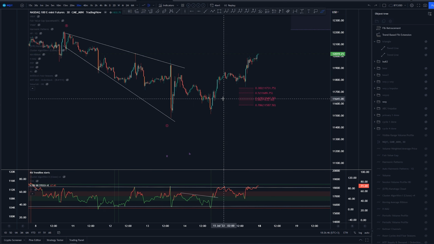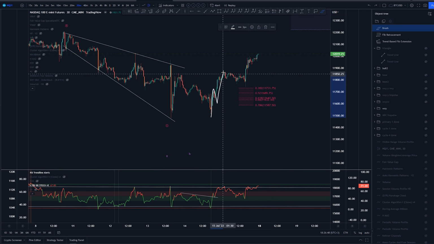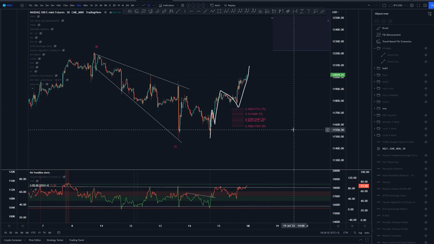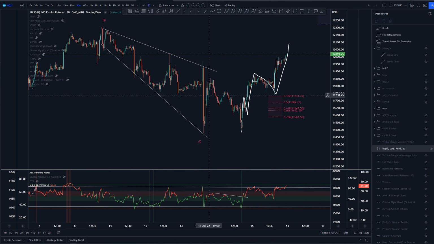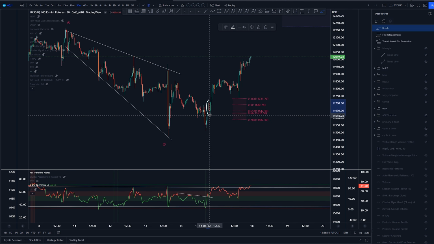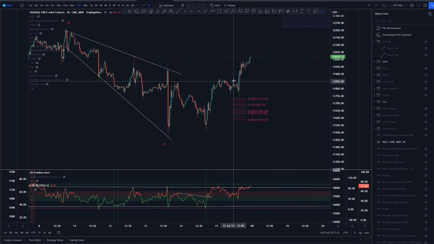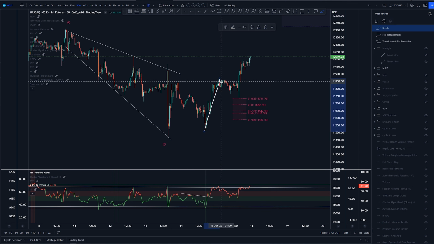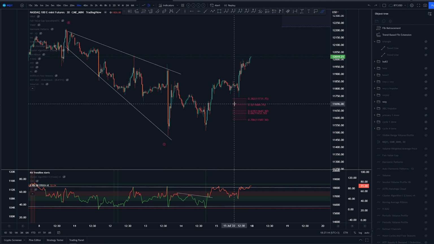So overall we would have to be saying that this is a 1, 2, 3, 4, and this would be a 5. Again, if we are just zooming out, we can compare the wave 2 here for the possible wave 4. It has no relation, it has a very bad look, but again, it is possible. And because we did not hit the 38.2 retracement here, I feel like that is pretty likely as well.